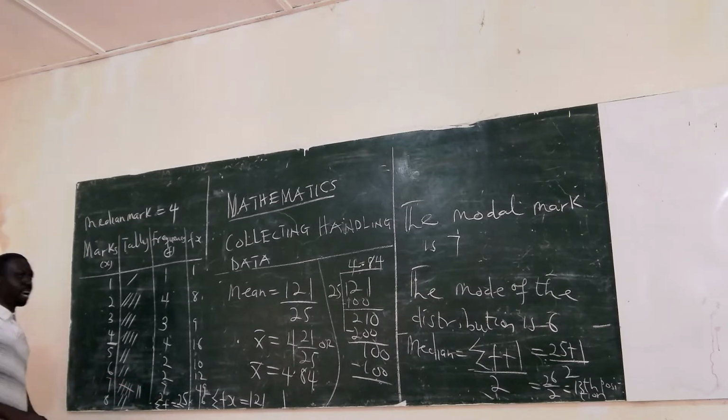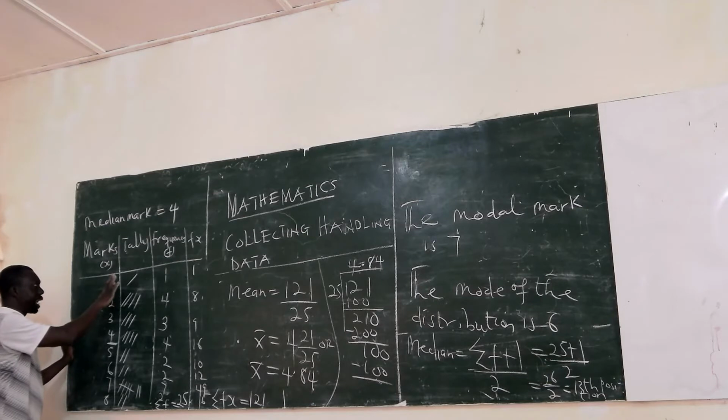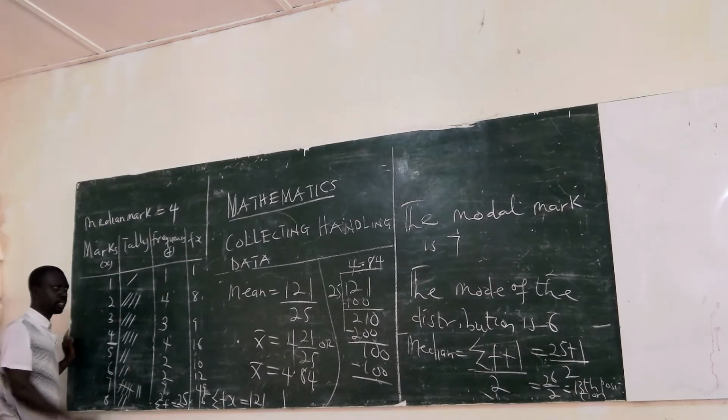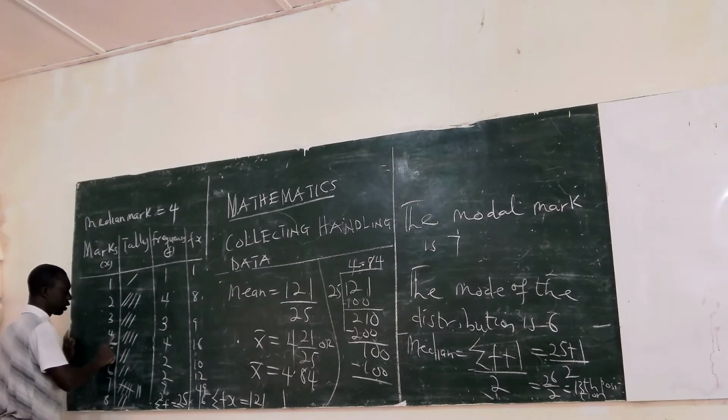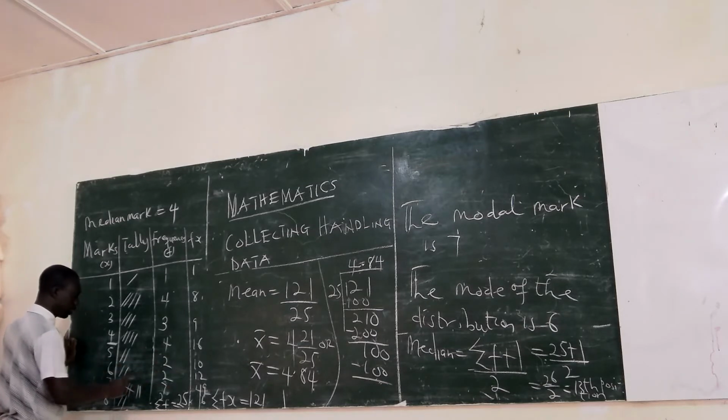To get the fx, multiply the class mark by the frequency. 1 times 1 gives us 1, 2 times 4 is 8, 3 times 3 is 9, 4 times 4 is 16, 5 times 2 is 10, 6 times 2 is 12, 7 times 7 is 49, and 8 times 2 is 16.